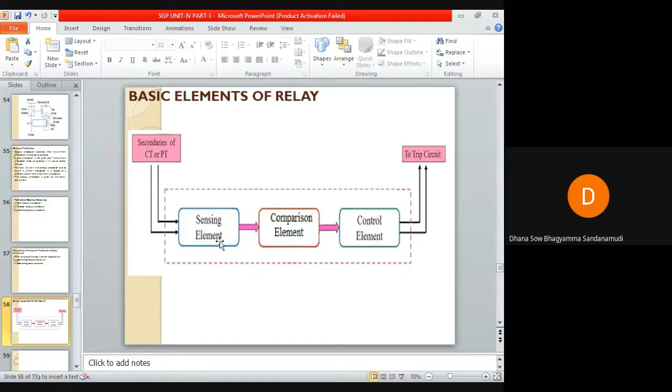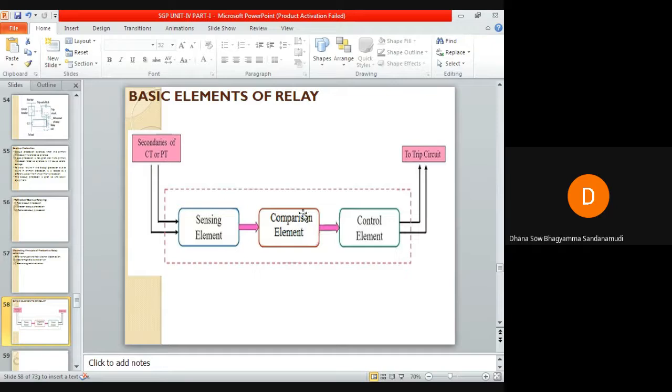So what is the sensing element? The sensing element will sense the abnormal conditions and faults in the protected zone of the power system. The next element is the comparison element.